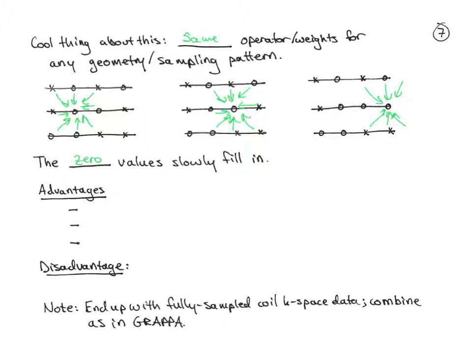So the advantages of this are that you only have to build one set of weights. It works for any sample geometry. And you effectively are using a slightly larger kernel, which is often good.